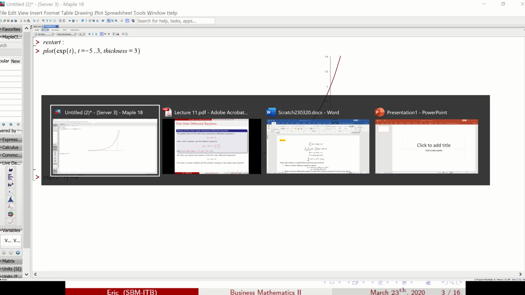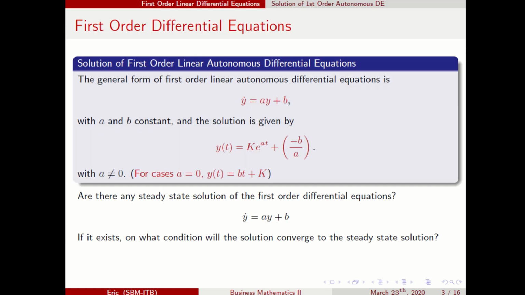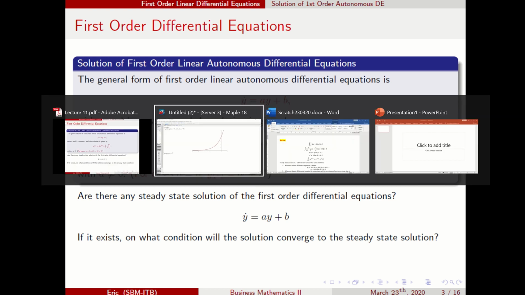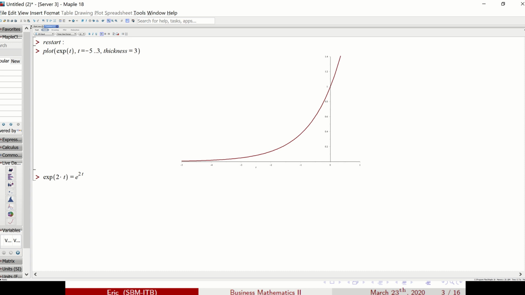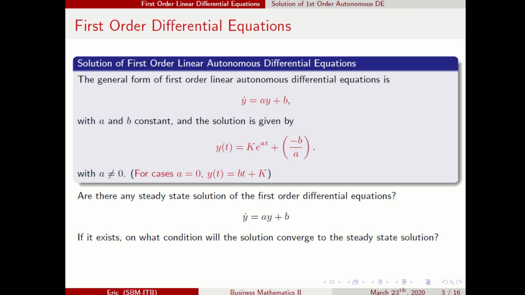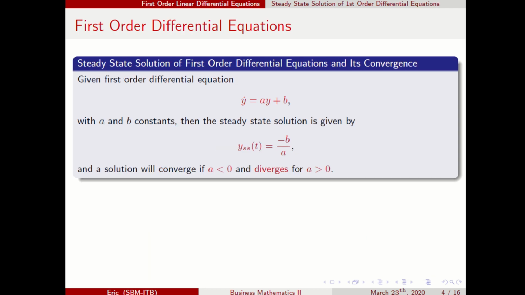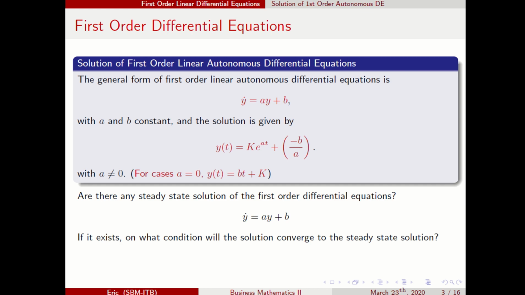I can choose a as one in this example. So when t goes to infinity, e to the at will go to infinity also. So it means that when a is greater than 0, it will go to infinity and it won't converge to minus b over a.